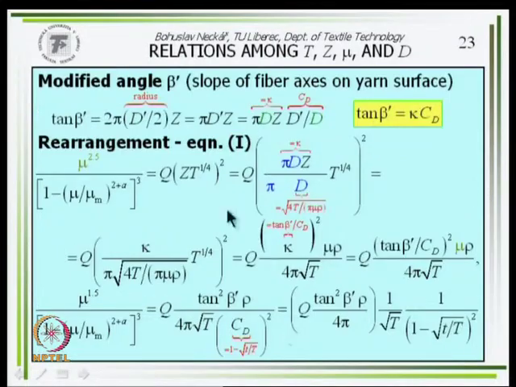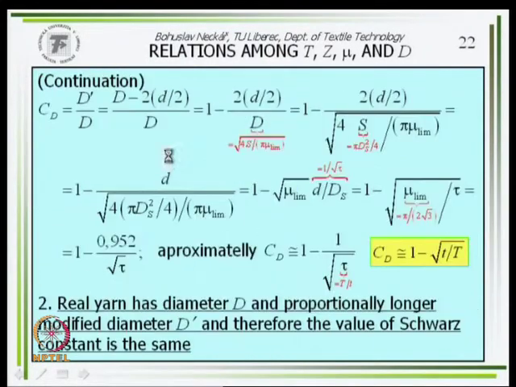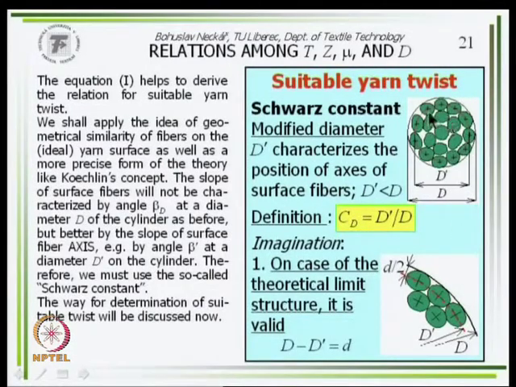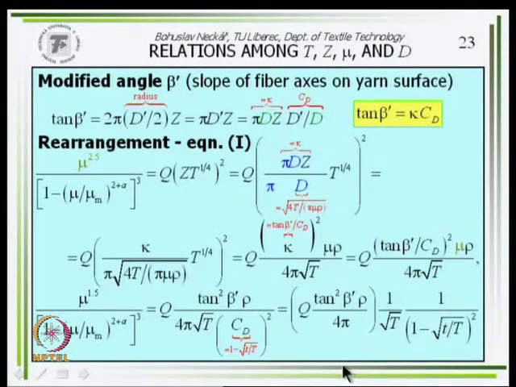Well, on the diameter d dash, where the axes of our peripheral fibers are lying, the axes of peripheral fibers have a little other angle than beta d, our earlier beta d. This angle is beta dash. And what is valid: tangent beta dash is 2 pi d dash by 2, its radius, times that d dash, after rearranging this, so that it's kappa times the Schwarz constant.